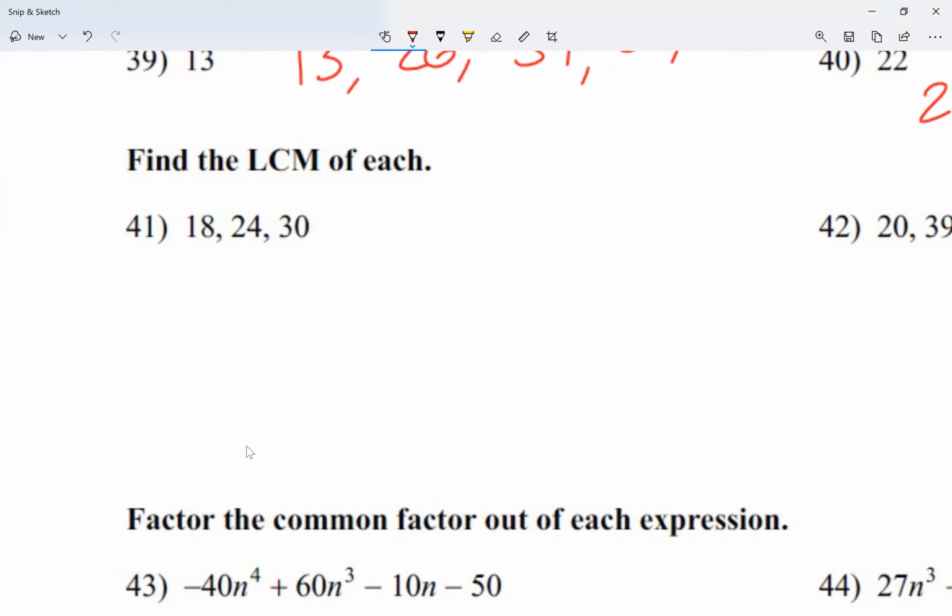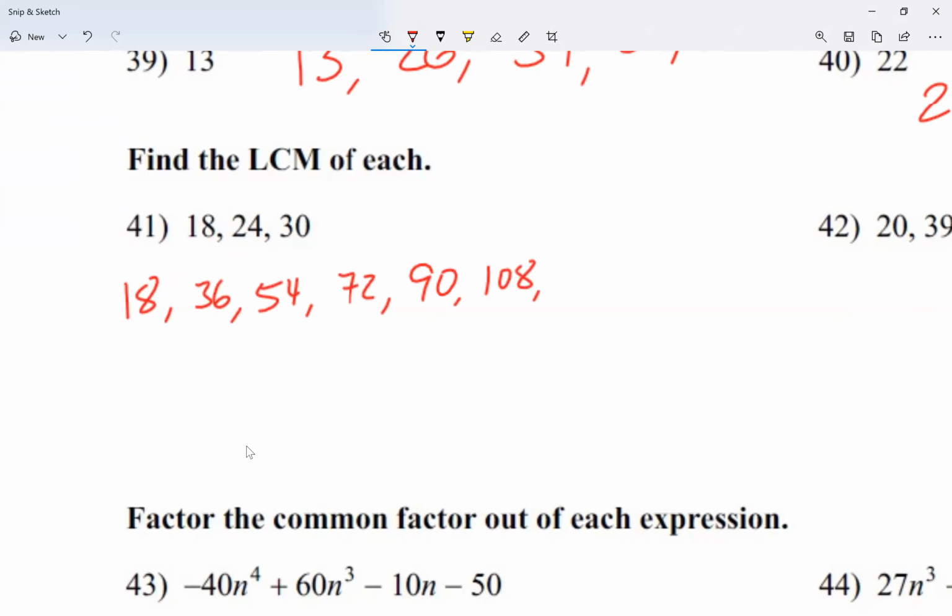So I'm going to get, let's see, 18, 36, 54, 72, 90, 108, 126, 144, 162, and let me do 180.